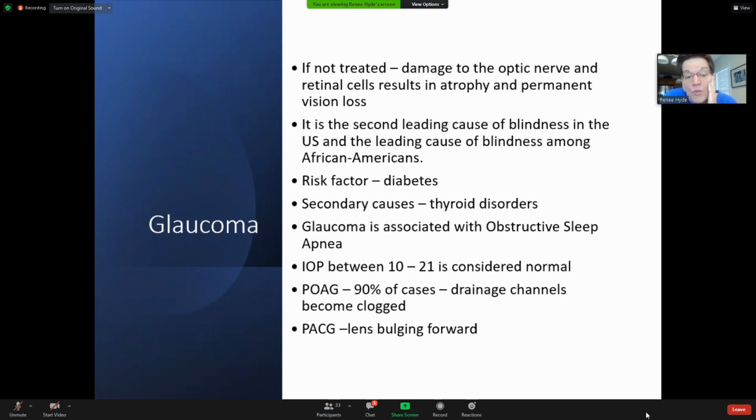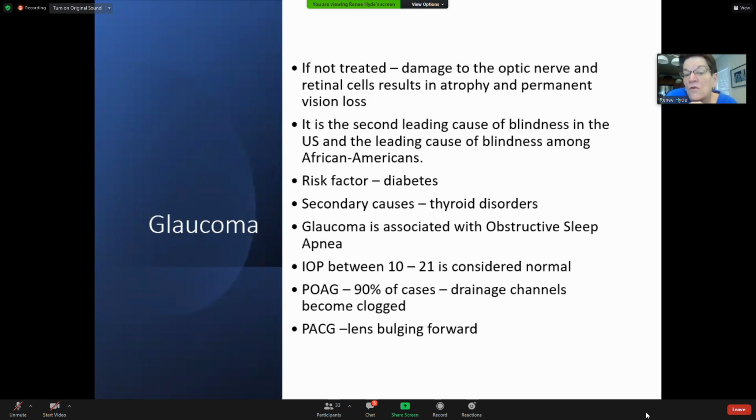POAG, or open angle glaucoma, is about 90% of the cases. And what you will see is that the drainage channels in the eye become clogged, and there's a buildup of that aqueous humor, and that pressure increases.